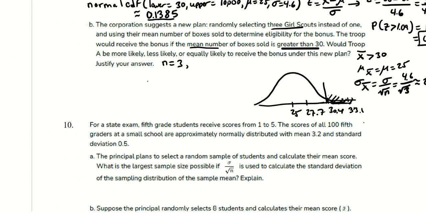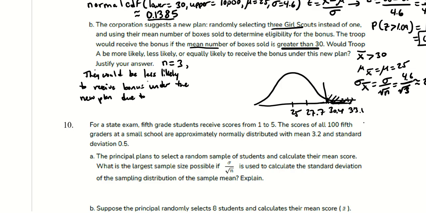Okay, so let's go ahead and answer. I guess we can say that they would be less likely to receive the bonus under the new plan, due to the decreased variability.